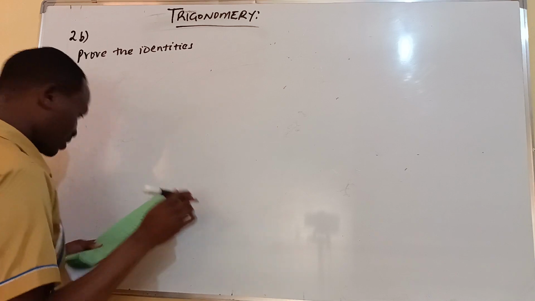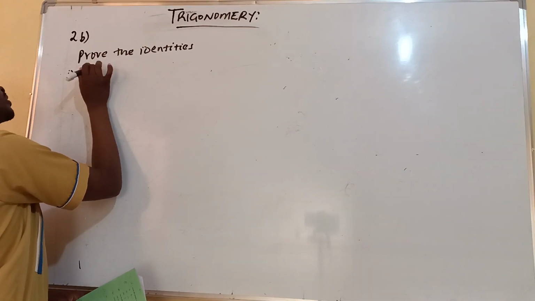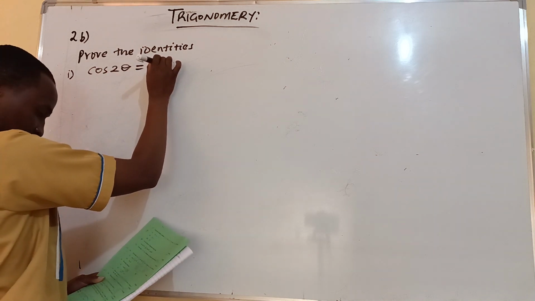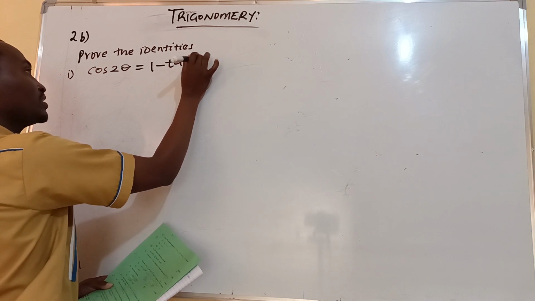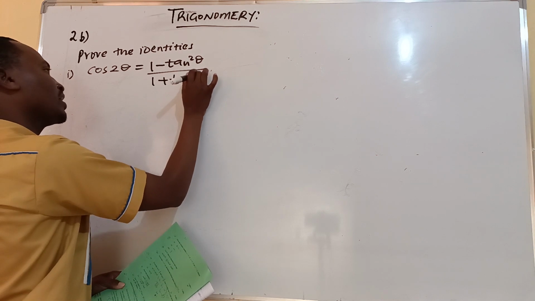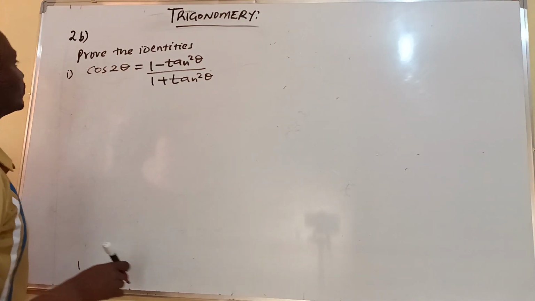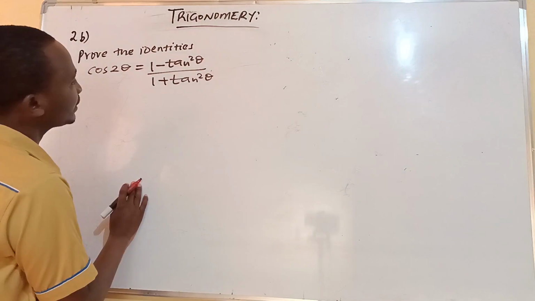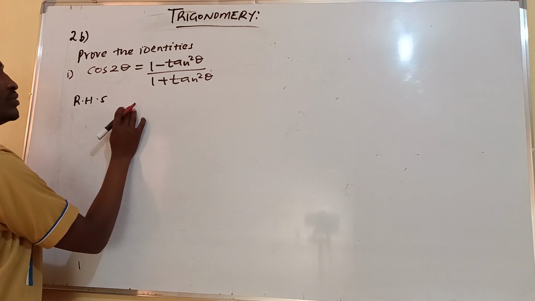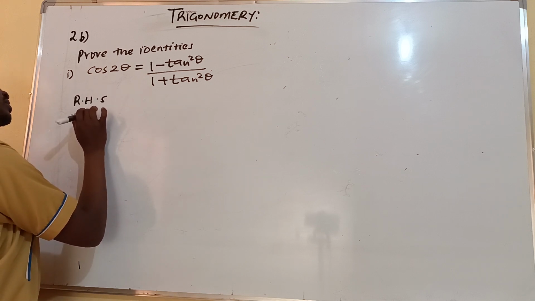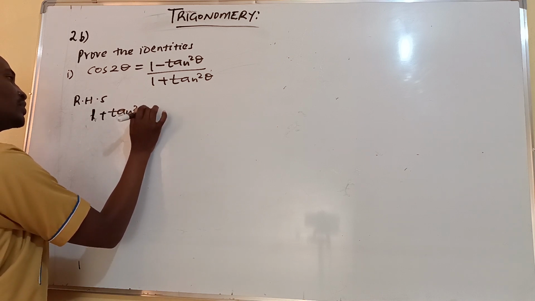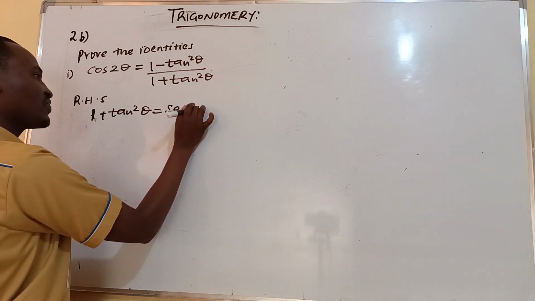We are told cos 2 theta, number 1, cos 2 theta is equal to 1 minus tan squared theta all over 1 plus tan squared theta. If we now take the right hand side, we know 1 plus tan squared theta is equal to sec squared theta.